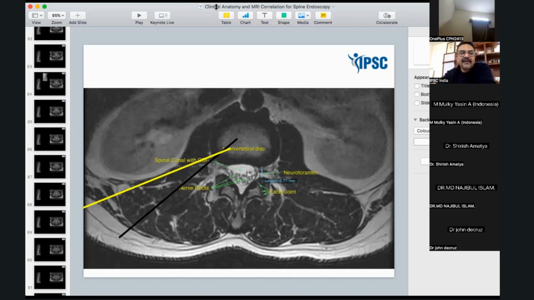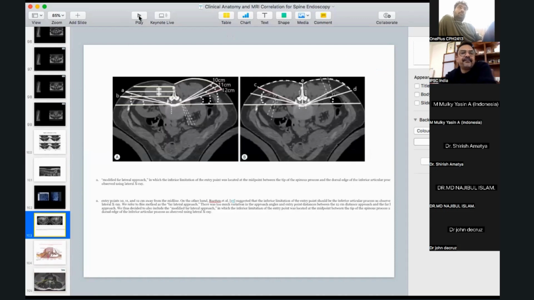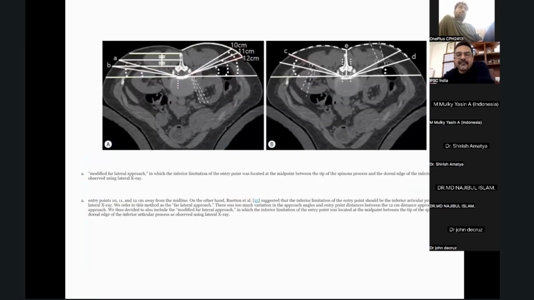Sir, one question. Regarding the spinous process and the level of this entry, could you clear this a bit? In the second last slide, you were talking about the tip of the spinous process. So this is for cases where we have an extrusion and we don't want to go inside the disc.